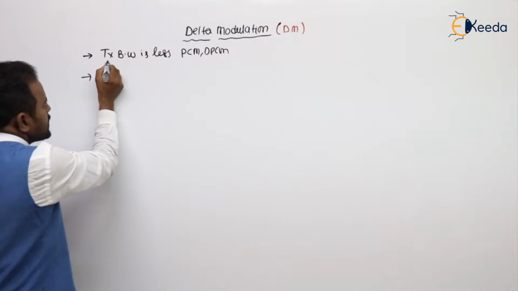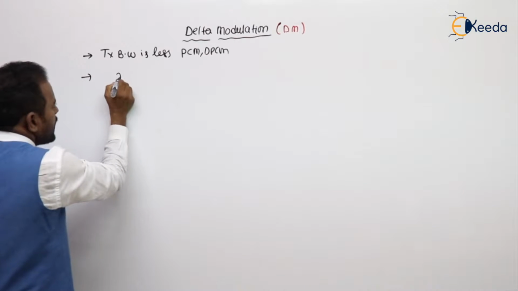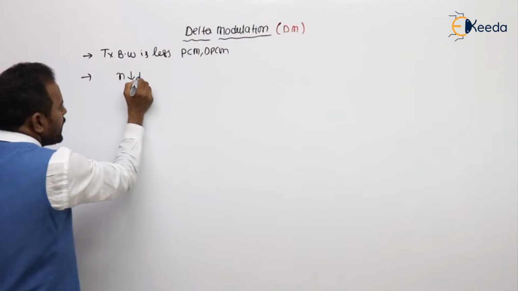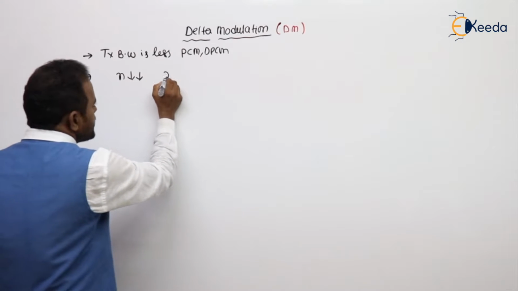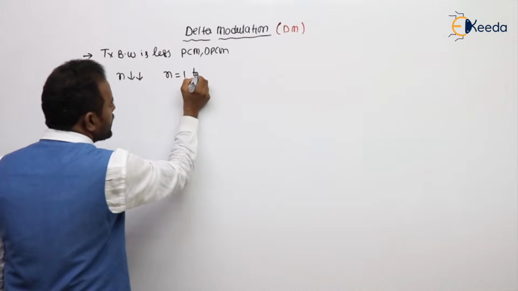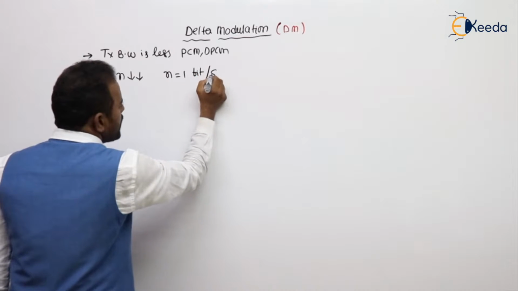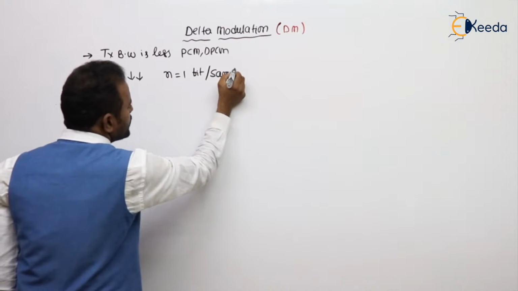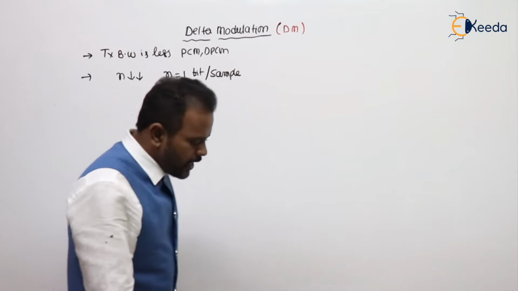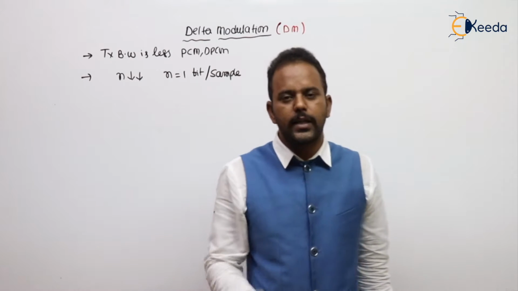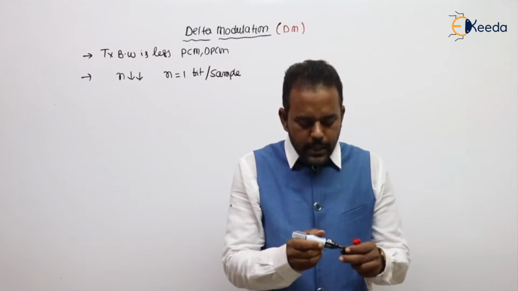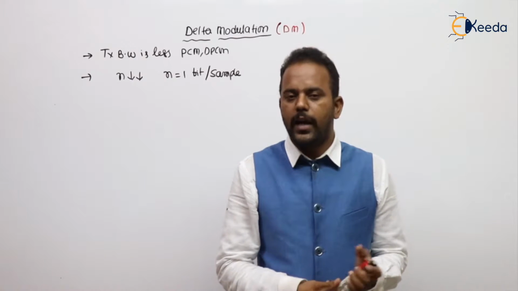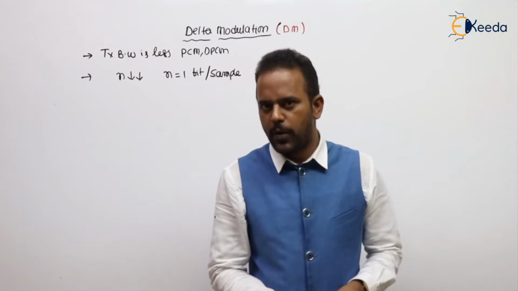To get this transmission bandwidth less, the N value is taken as small as possible and is considered as 1 bit per sample. So always in delta modulation, whether they mention it or not, we should know that the small n value is 1. So 1 bit per sample.